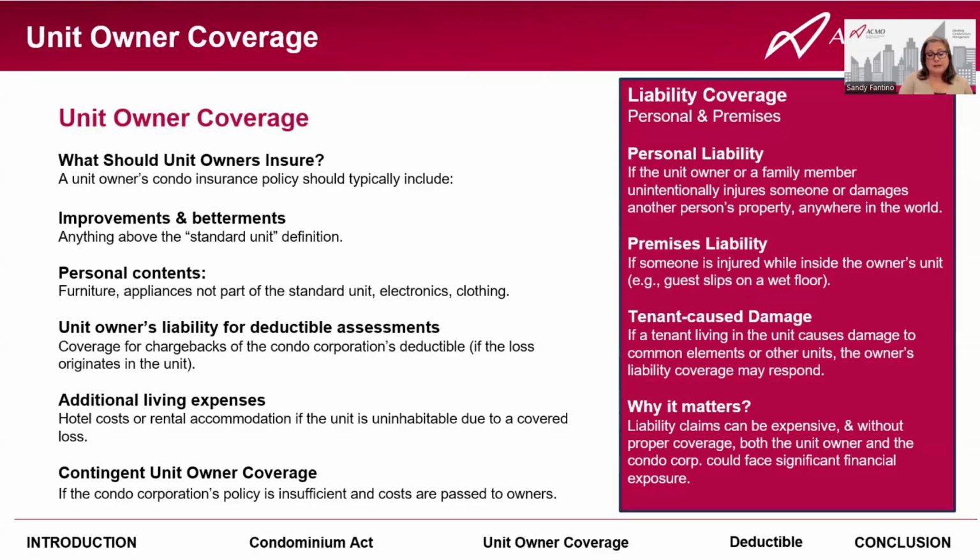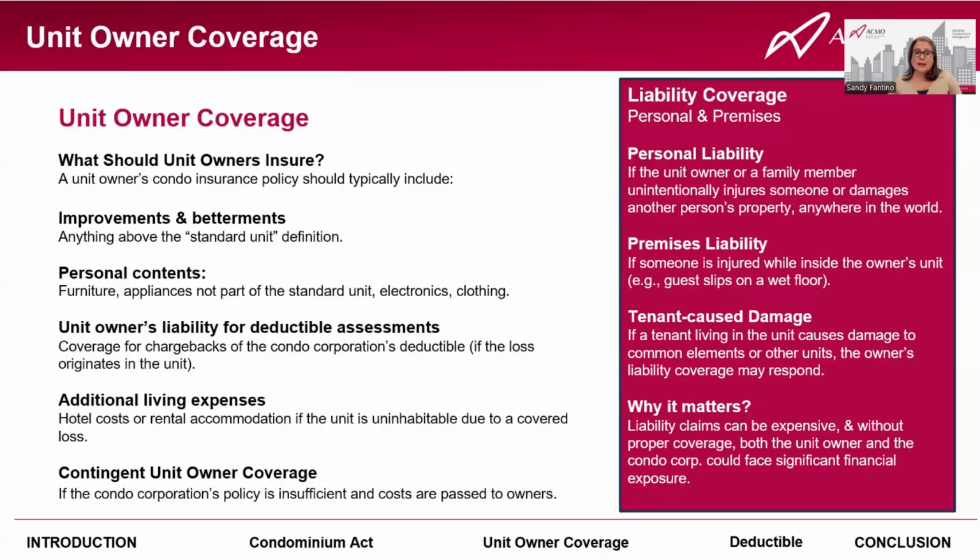Additional living expenses. This is also another important one. Hotel costs or rental accommodations if the unit is uninhabitable due to a covered loss. So if your unit is the unit that caused the claim, or your unit is affected by a claim, having a substantial additional living expense is important, because what that'll do will be allow you to live off site while the unit is being restored and renovated.